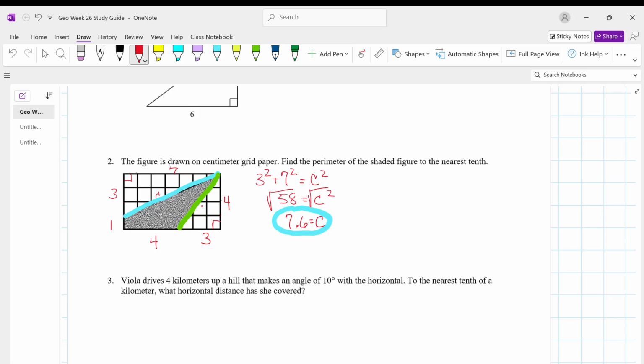So this green, I'm going to just call it C again. So if we do 3 squared plus 4 squared equals C squared, we're going to get 25 equals C squared. Find the square root of each side, and 5 equals C.